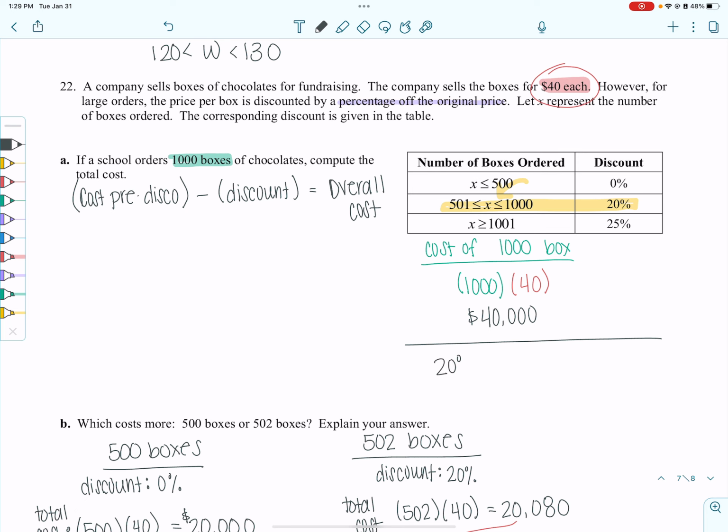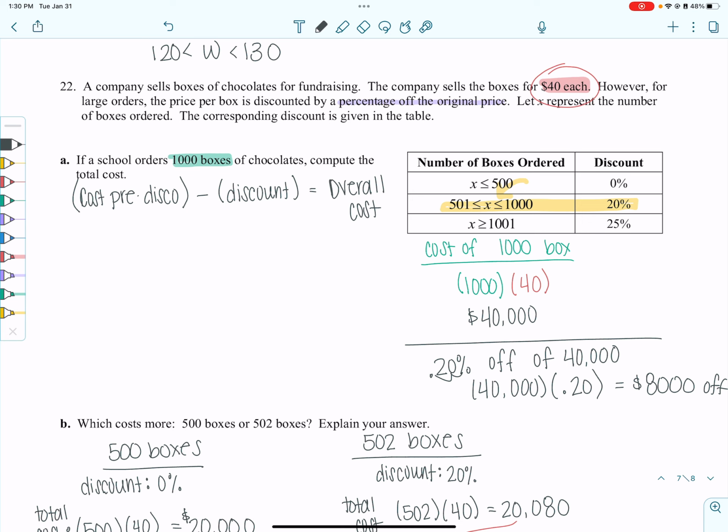Now, it's 20% off the cost I would have paid. So 20% off of 40,000. I'm going to multiply 40,000 by 20% as a decimal, so 0.2, moving the decimal point 2 spots to the left. So 40,000 times 0.2 is going to give me $8,000 off.